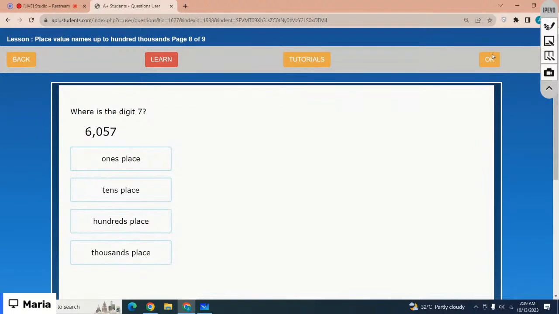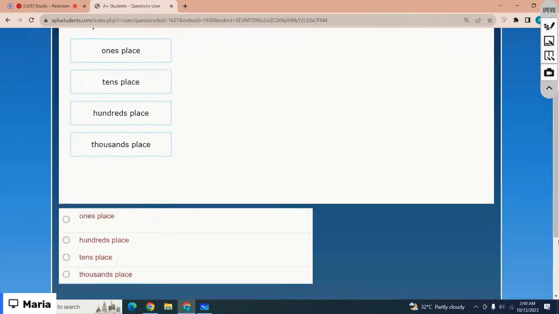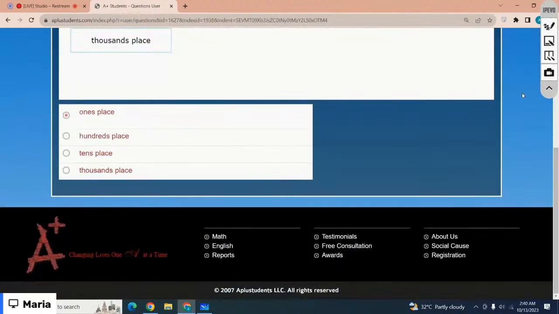Where is the digit 7? Right, that would be ones. 7 is at the ones place.